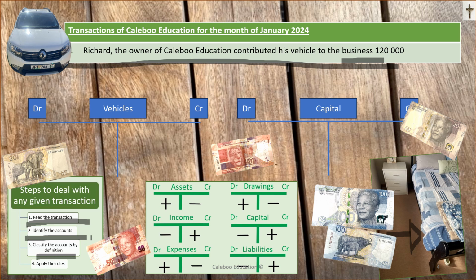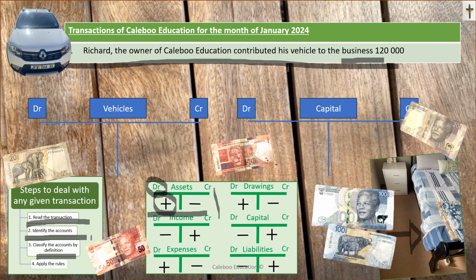Now what I need to do is classify the accounts. By definition, we know vehicles is an asset. On the business's books, the value of the vehicles asset account has increased, and the rule says an increase in the value of an asset, the account must be debited.